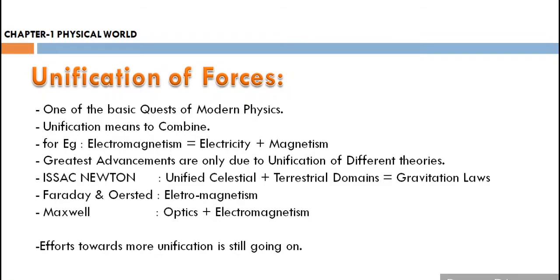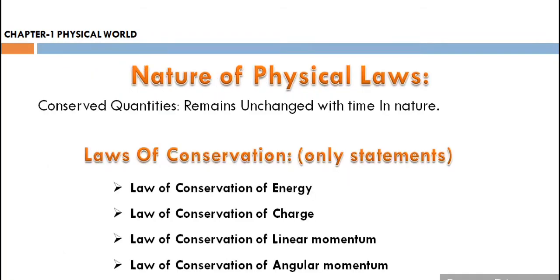Moving on to the next part, that is the nature of physical laws. Now this is the last topic, nature of physical laws. Now we know that in any physical phenomenon which is governed by different forces, several physical quantities may change with time.